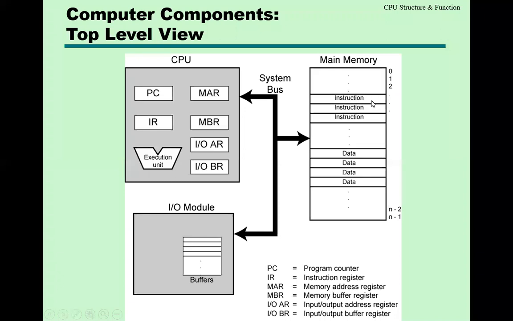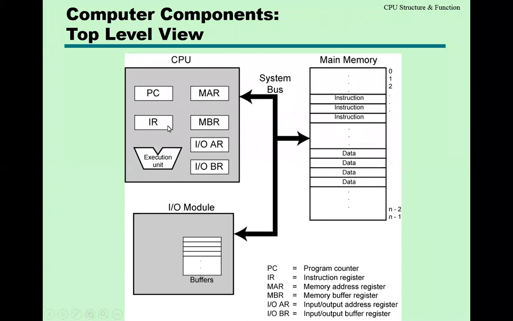For example, here at number 3, the instruction is taken from main memory and loaded into the MBR. Then from the MBR the same instruction is transferred into the IR for execution.